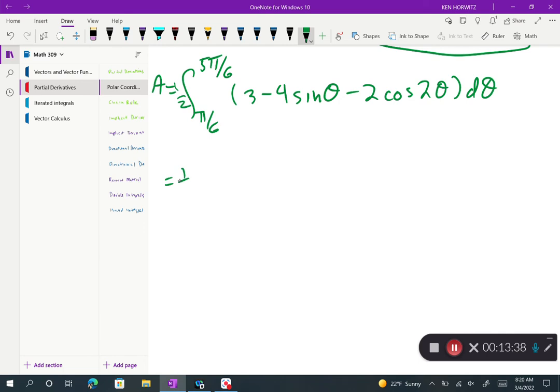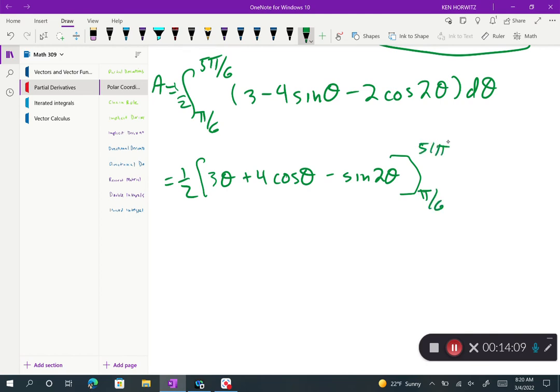So I got equals, again, the 1/2 is there, 3 theta plus 4 cosine theta minus, actually not minus 2 sine 2 theta, just sine 2 theta, from pi over 6 to 5 pi over 6.